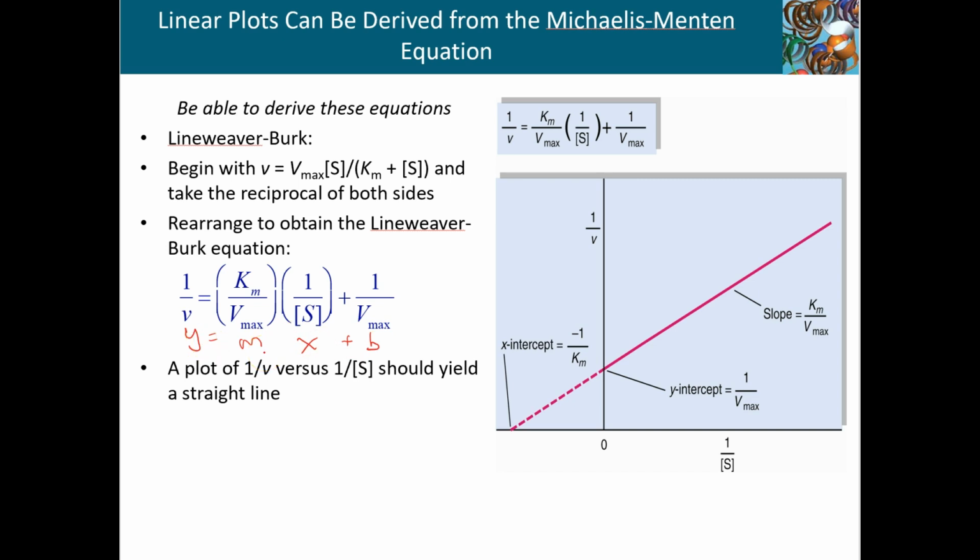We have our slope, m, and we've got b, our intercept. And you can see that based on what we've got here. We have our slope, which is our Michaelis-Menten constant over Vmax. We have our y-intercept, our 1 over Vmax, and 1 over V and 1 over substrate concentration are y and x respectively.